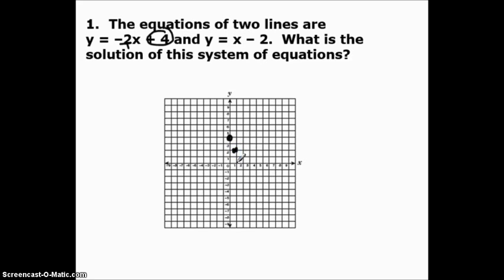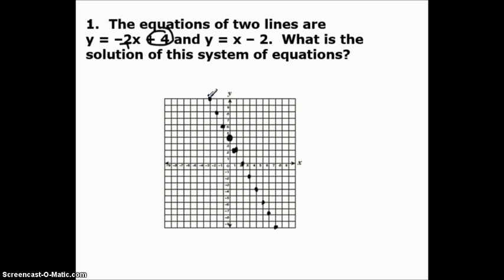Then I would just repeat that, down 2, right 1, until I run out of space. Or I can reverse it and go up 2 to the left 1, up 2 to the left 1. And there's all my possibilities.